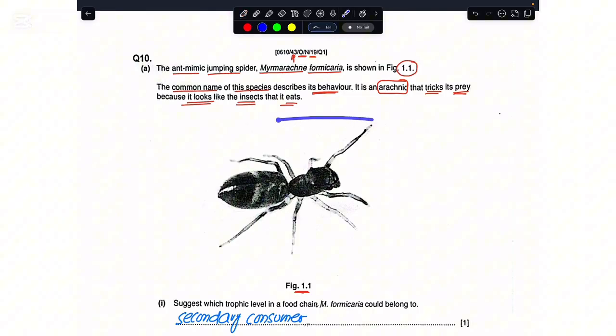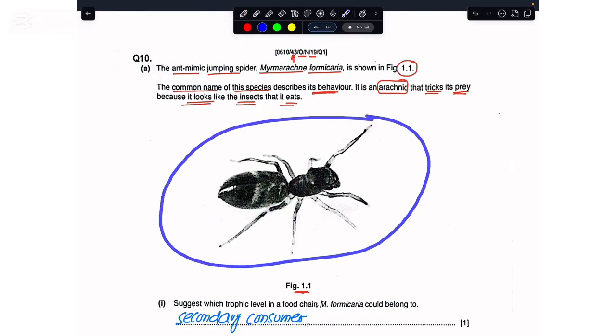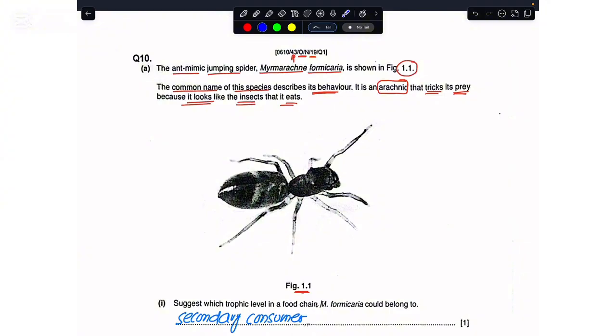So you see, to all appearances, this is looking like the insect on which it is feeding. But overall, this is the spider with us. And for 1 mark, they say suggest which trophic level in a food chain this organism could belong to. Now, as far as the trophic level is concerned, we know that at the base we have got the producers.